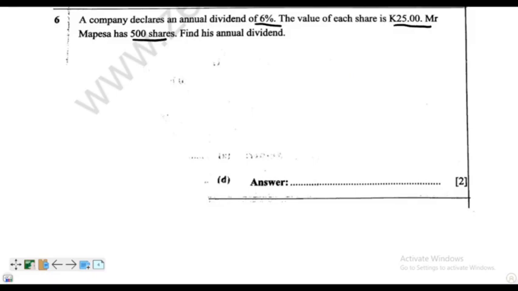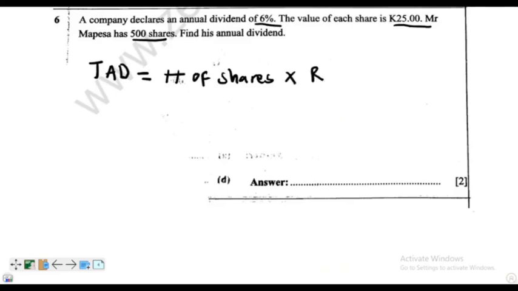So to find the annual dividend for Mr. Mapesa, we are going to find the total annual dividend. So TAD, total annual dividend. The total annual dividend is equal to, so from here we are going to say the number of shares times the rate.